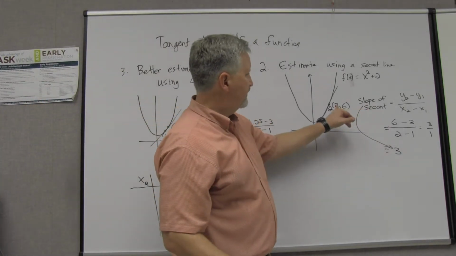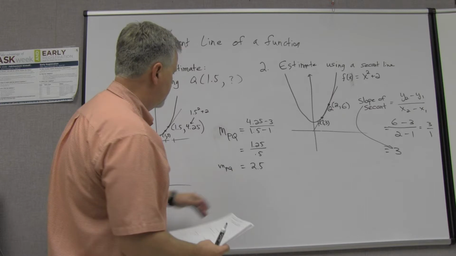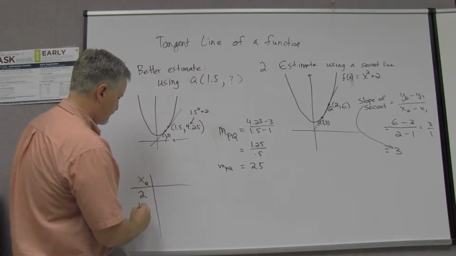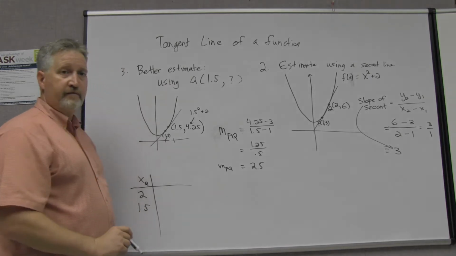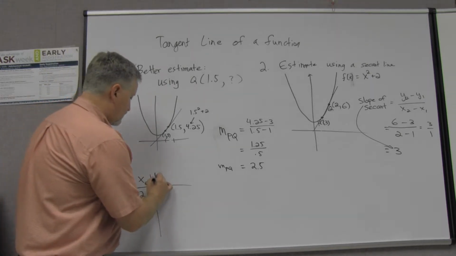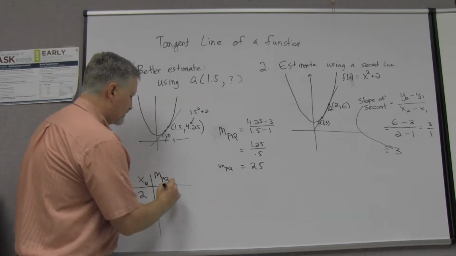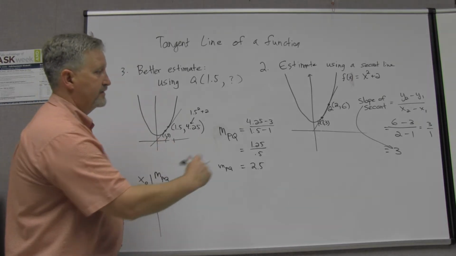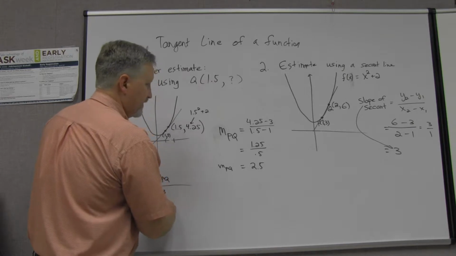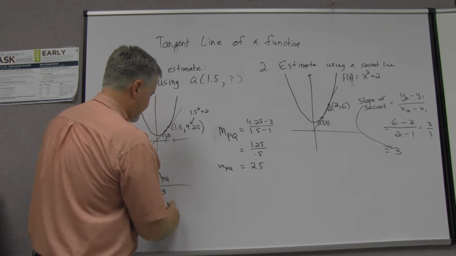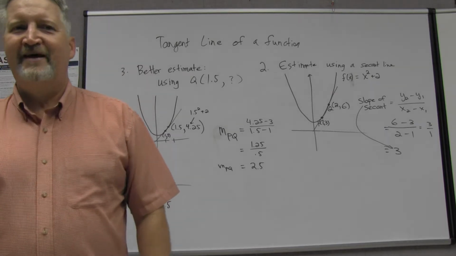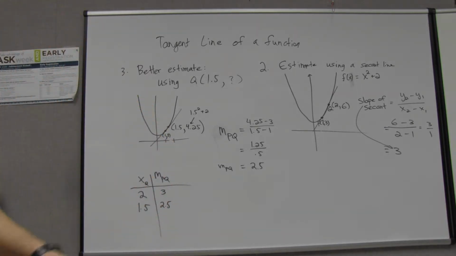I changed the x value of the Q from 2 to 1.5. Okay, you with me there? And then over here, what I got was the slope of m_PQ, the slope of that secant line. So it was 3 here, and then 2.5 here.